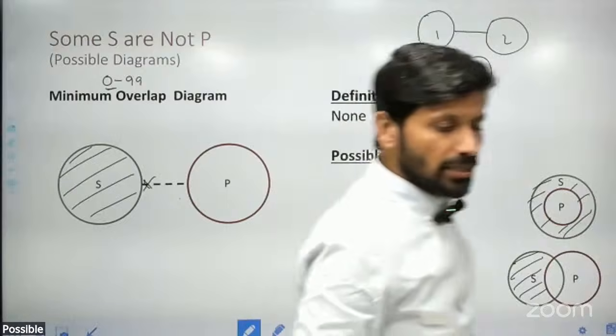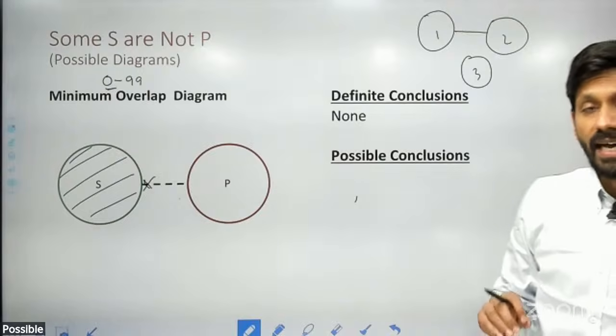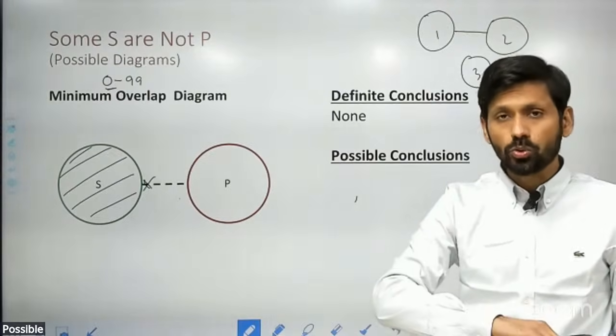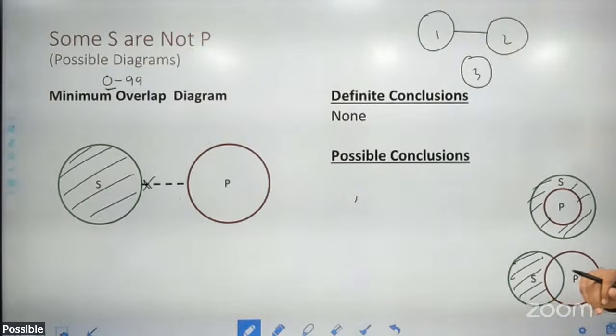Now, if you look at the three diagrams closely, there is no statement that's true in all the three diagrams. Some of you might have done it already. For some, it's relatively new, but just have a closer look at the three diagrams.